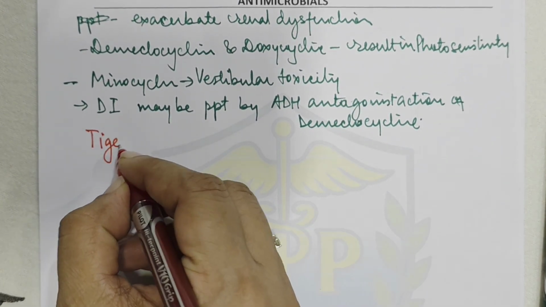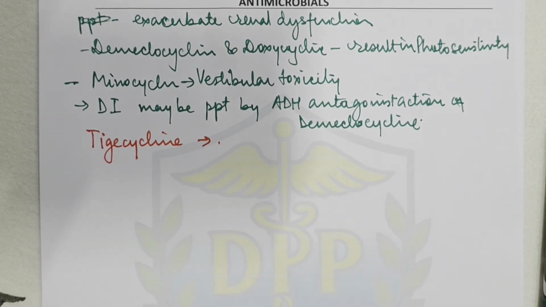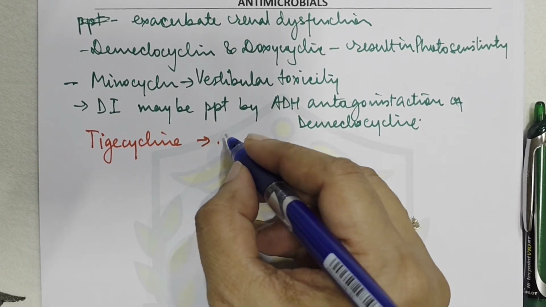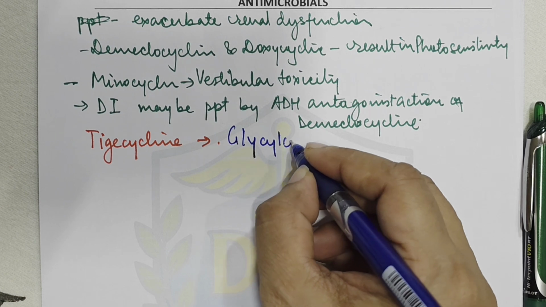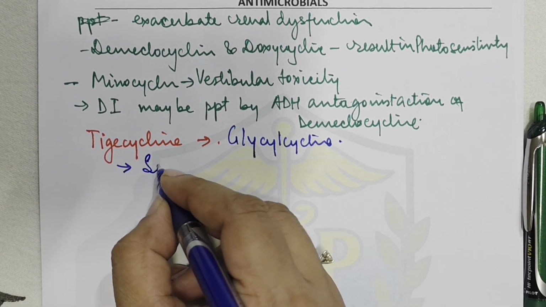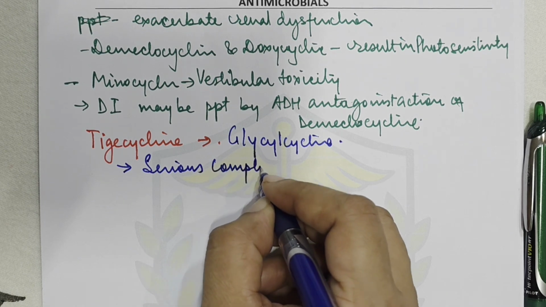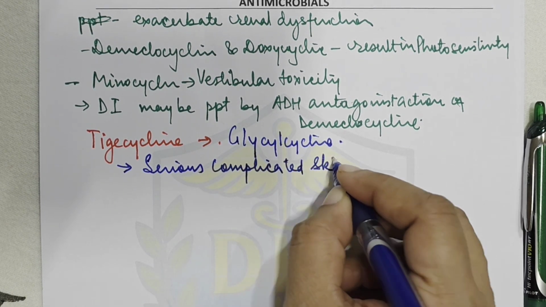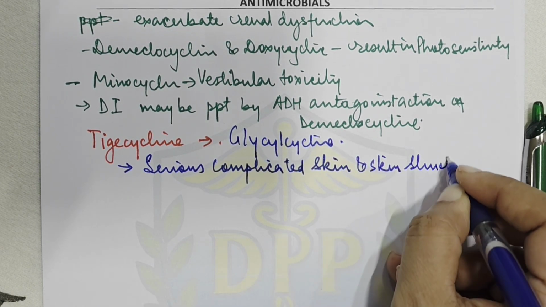Then there's a new drug called tigecycline. This tigecycline belongs to a new group that is called glycylcyclines, right? Mainly it is used in serious, complicated skin and skin structure infections.